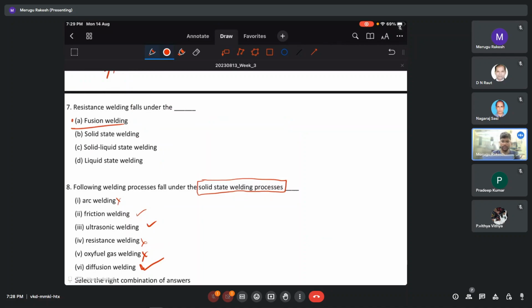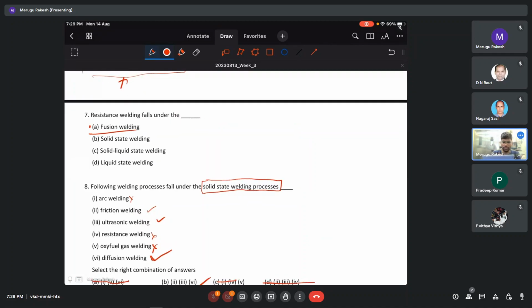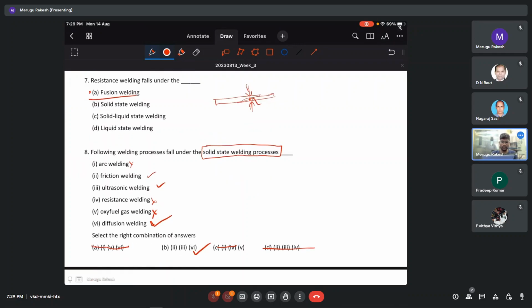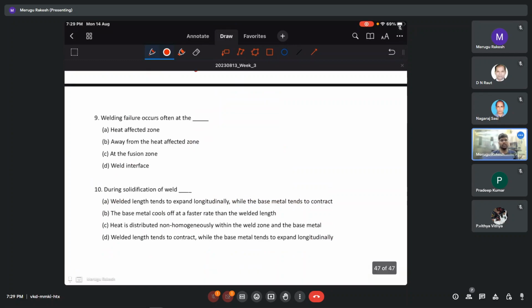So we have only very few types. Fusion welding, in which we use resistance. As I said, this is also called spot welding, in which we keep two thin sheets, and then we apply a potential so that the center will be melted. We call that melted portion the nugget, and this establishes the bond. So that's the one. And then the eighth question, I think I have already discussed. Then let us move to the other questions.